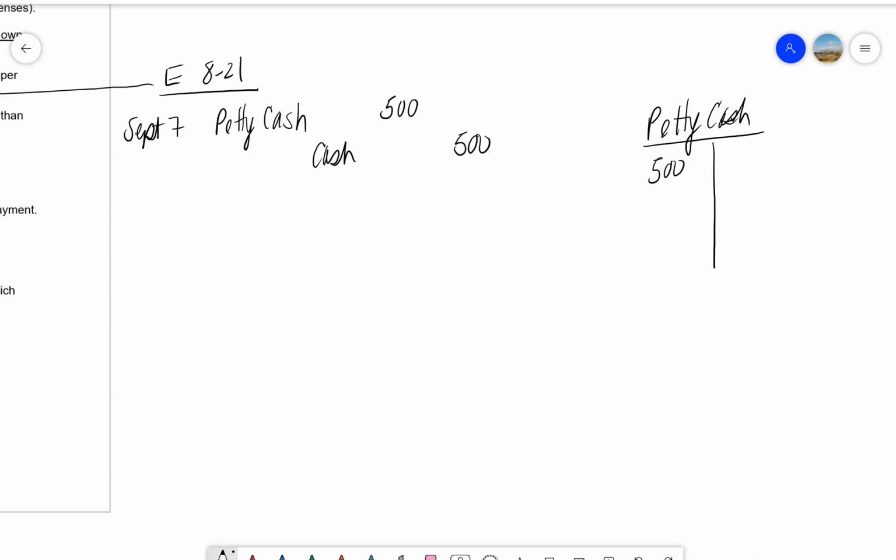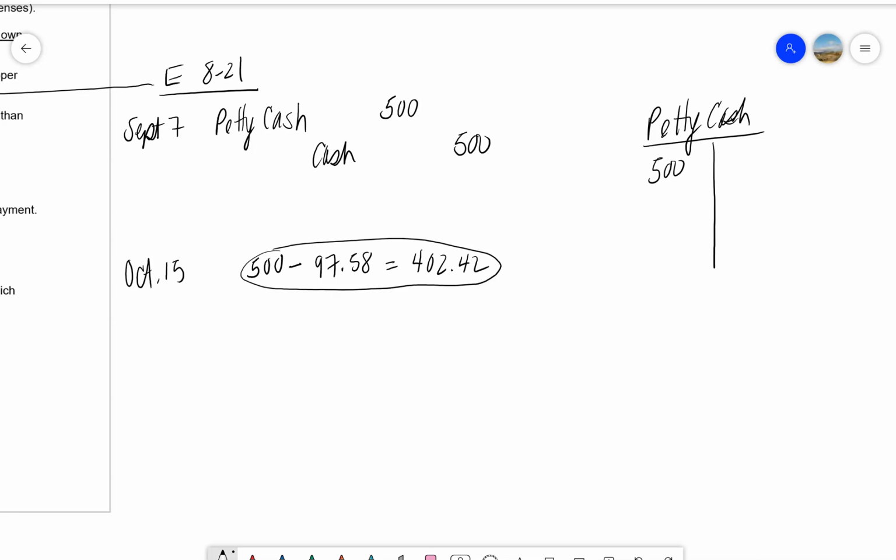Now, when you look at Part B, it says that on October 15th, they want to replenish the petty cash fund because now there's only $97.58 left in the petty cash. So they want to bring it back up to 500. So 500 minus 97.58, what they need to do is add another $402.42 to the petty cash fund.